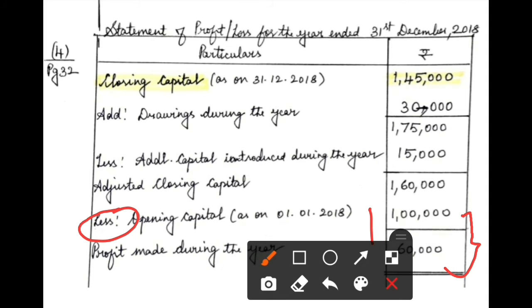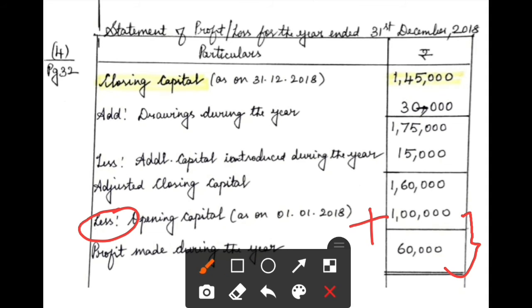It's just an opposite way of doing things, because in the case of profit you follow it like that. If it was loss, then if it is less here, there also you minus. So a small clue I'm giving you so that you will find it easy to understand. Though we say less opening capital, the next value is profit. So these two things, you add. The moment you add, you now get 1,60,000.